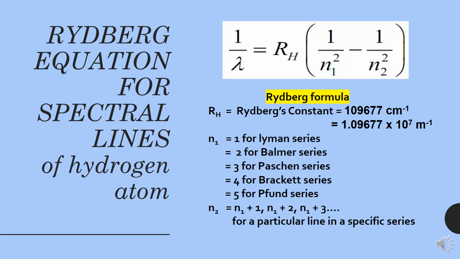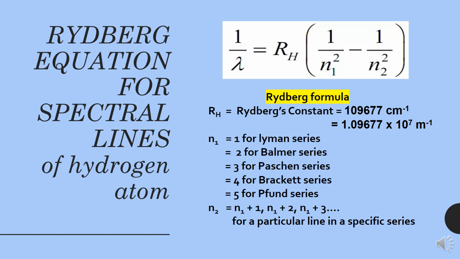And during the same time, Rydberg was also working on this relationship between these lines, and he gave an equation for calculating wavelength and wave number for a particular specific line which we obtain in the emission spectrum of hydrogen. And for hydrogen, he gave the formula 1 over lambda, or you can say 1 over lambda is equal to wave number.